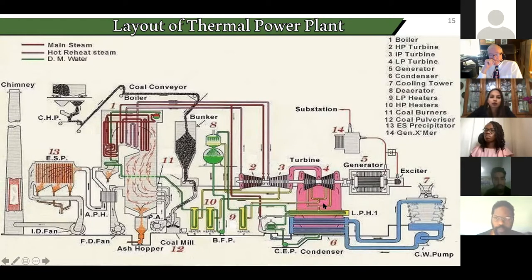And this is pretty much about a coal power plant, on how it functions. The rest of the equipment is basically added to increase the efficiency of the power plant. The maximum we can get is like 35%.